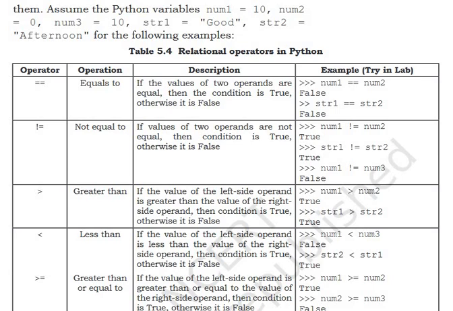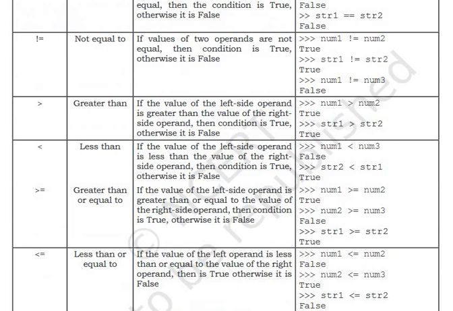Num1 is 10 and num2 is 0, and 10 equal to 0 is false. str1 equal to str2. str1 is good and str2 is afternoon. Good equal to afternoon is false. Similarly, not equal to, greater than, less than, greater than or equal to, and less than or equal to. Check out the examples.